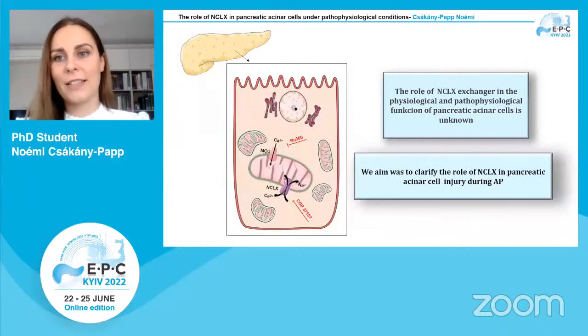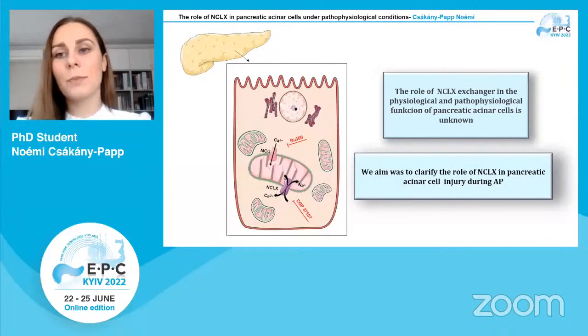Mitochondrial calcium homeostasis is essential for regulating cellular bioenergetics, calcium signaling, and cell fate. Under physiological conditions, mitochondria accumulate calcium via the mitochondrial calcium uniporter, MCU, whereas calcium is extruded by the mitochondrial sodium-calcium exchanger, NCLX.